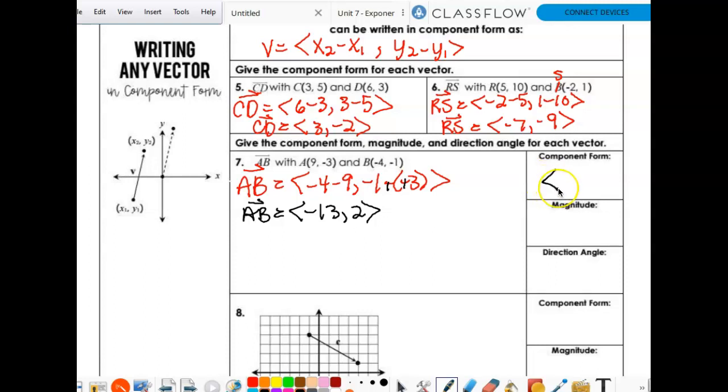So that's my component form. Which quadrant is negative x, positive y? Second. So we need to be in the second quadrant. Okay, so find the magnitude and the direction angle and see if you can end up in the right magnitude.